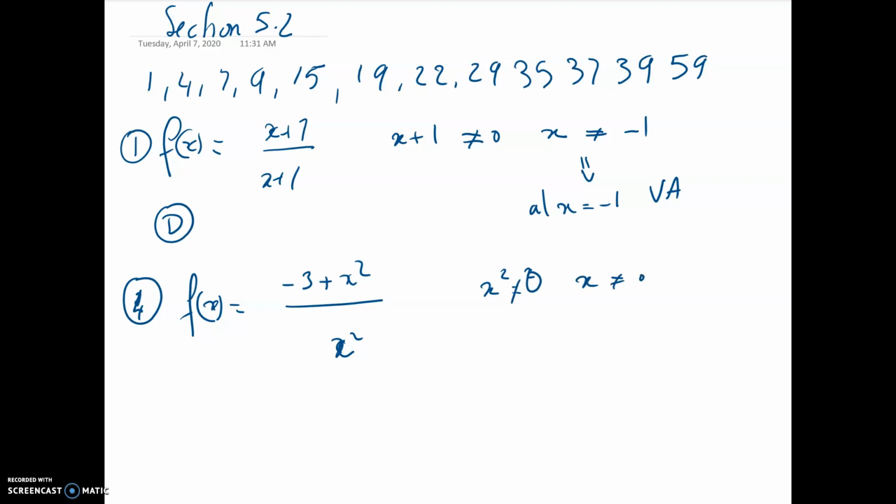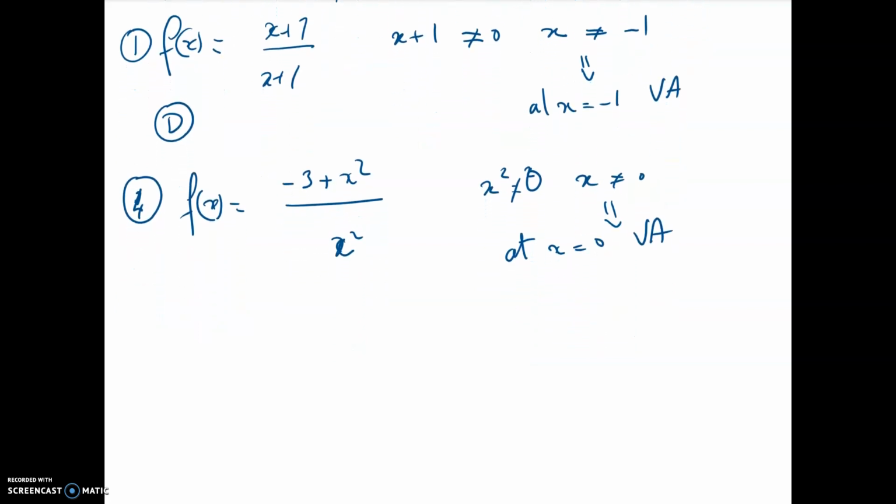And so at x equals 0, I have a vertical asymptote. But it's not suggested in the set of answers. So what I may want to do is transform my function f of x and write x squared minus 3 over x squared.